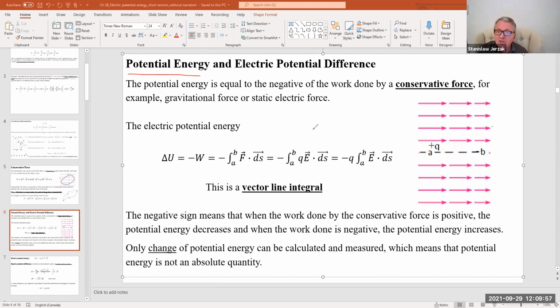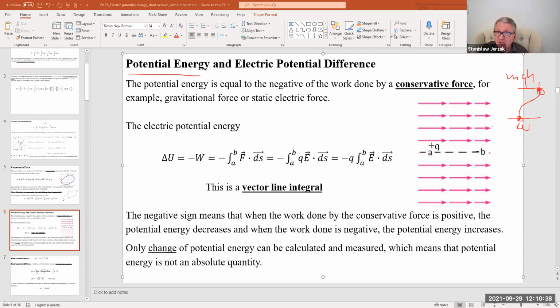Because the potential energy depends only on the initial position and final position. As you remember, when you defined gravitational potential energy, you used mgh, right? That expression, mgh. So if an object of certain mass moves from an initial point to a final point, it doesn't matter on which path the object moves. What matters is only the height difference between initial point A and final point B. So gravitational force is a conservative force, and for that reason gravitational potential energy was defined.